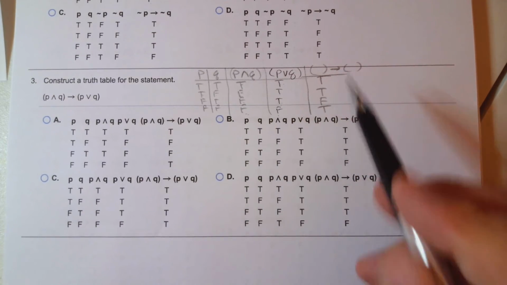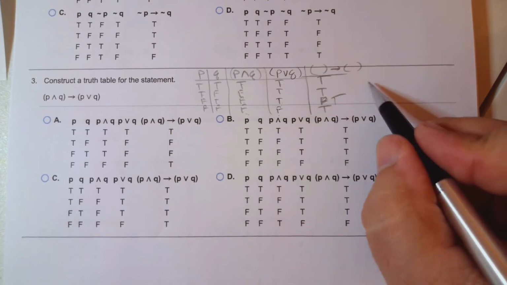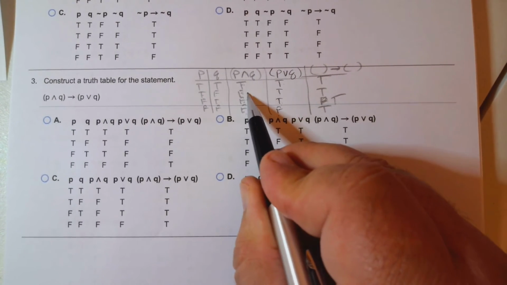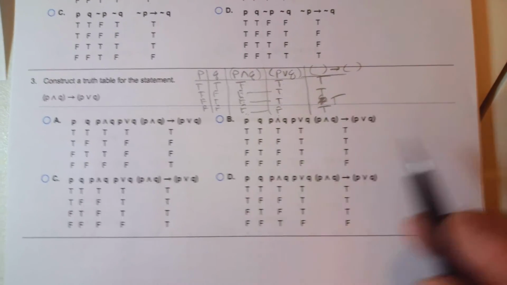So it's all true. It's a tautology. True, false, false, false. This is going false to true, false to true, false, false. So it's all true. So it's C.